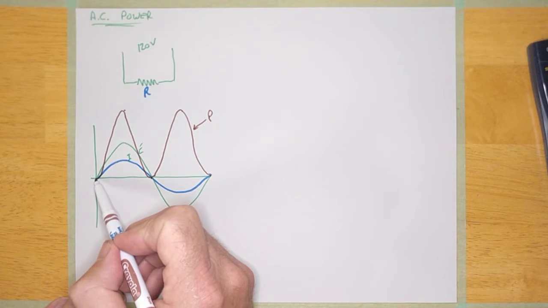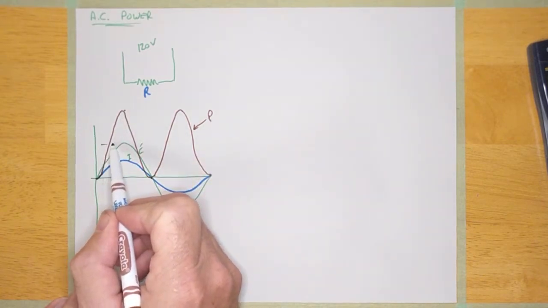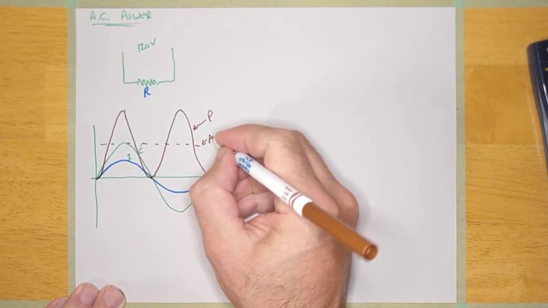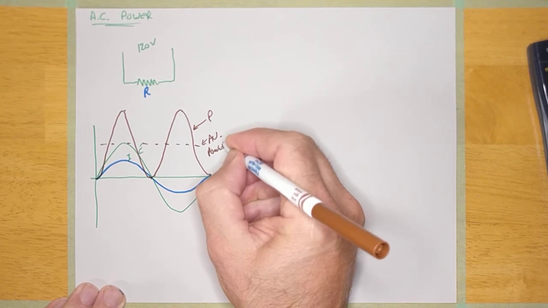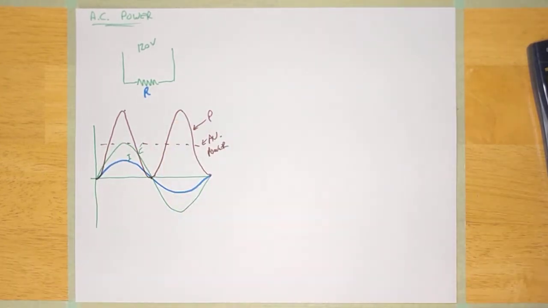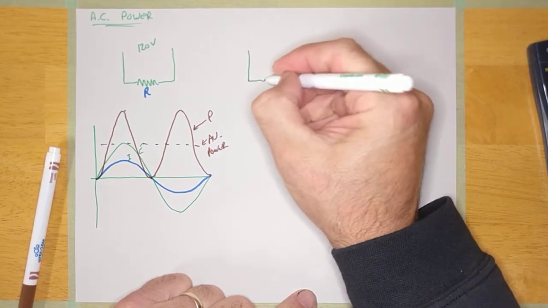And there's the lowest value, and there's the peak value of the power wave. And I could draw a dotted line right here, and that would represent the average power right there. And that's what you'd be paying for, basically, the average amount of power that this resistor was using. Now, it gets just a bit more weird when my load is an inductor.